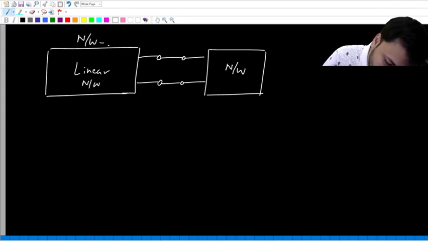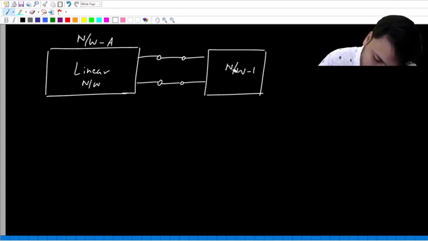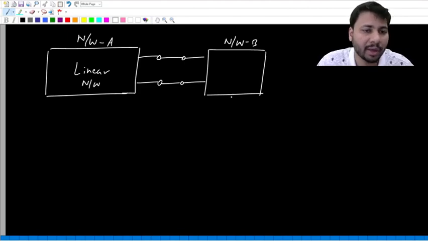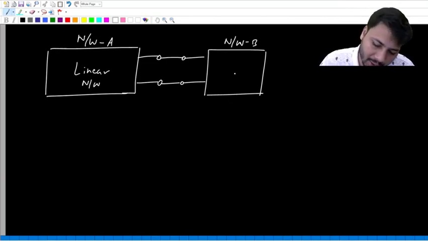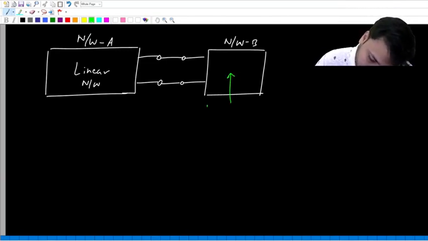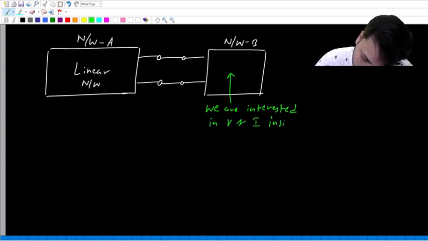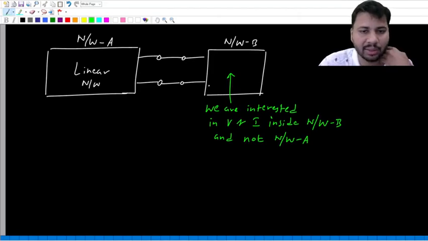So let's say this is network A, and this is network B, and we are interested in voltage and currents inside network B, and not network A.